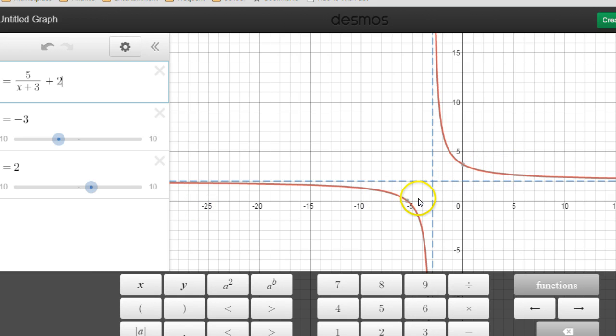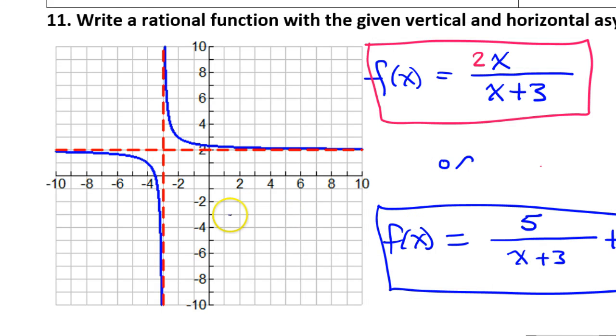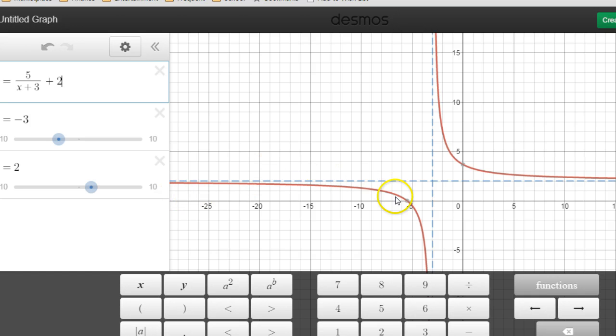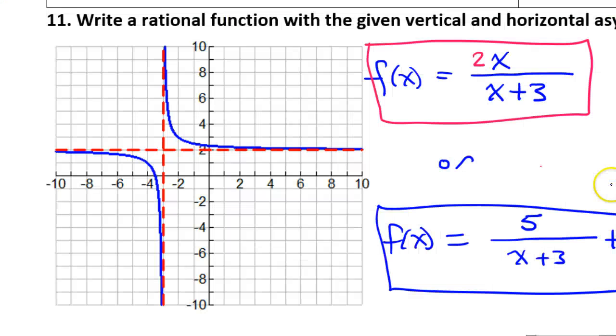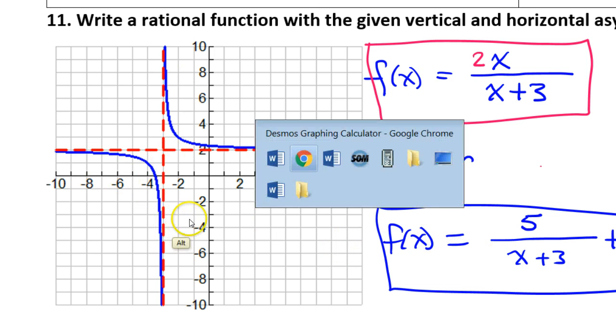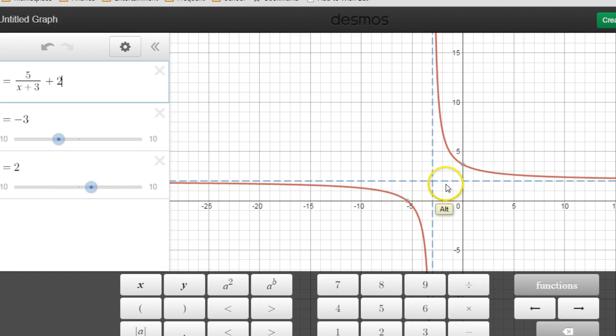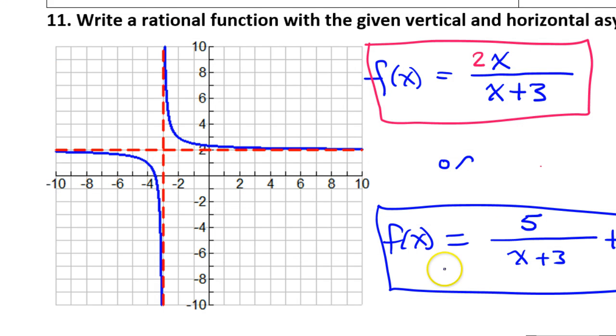So there you see, interestingly, this one actually does match, with the branches in the correct position to match the graph we had. But both of them have the correct horizontal and vertical asymptotes. So it's all good. So that's number 11.